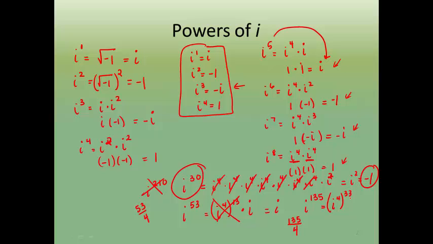Well, 4 times 33 is not 135, it's 132. So this takes care of 132 of them, which means I have I cubed left over. I don't have to worry about the rest because it's just a value of 1, so I only have to worry about the leftovers, the I cubed. So the answer for I to the 135th power is I cubed, which equals negative I.